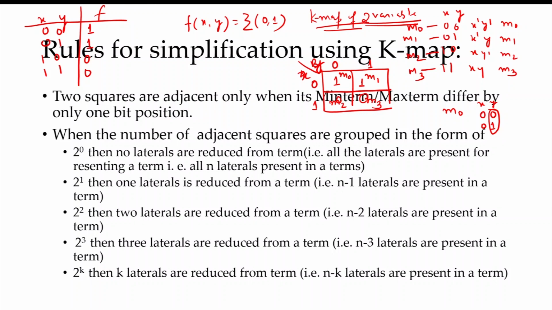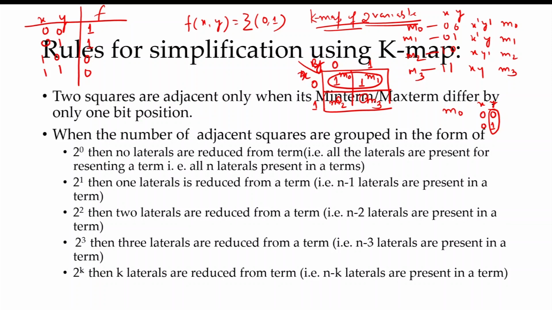We simply make a group of ones that differ by only one bit position. That's why both minterms are adjacent. Now we make a group in a power of 2. Since these minterms are adjacent, we can combine them and make a single group. Now the question is what this group represents.